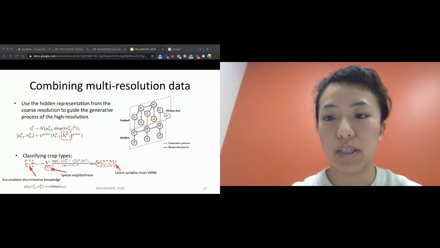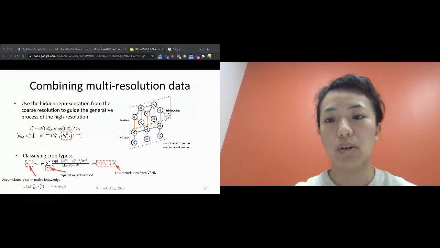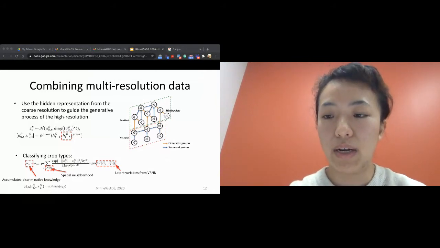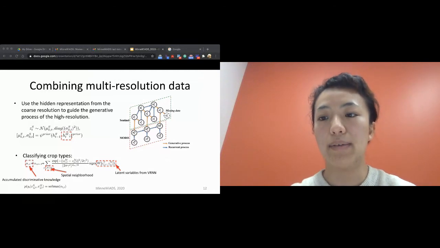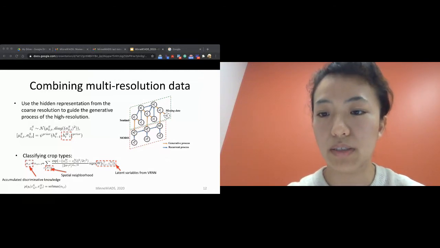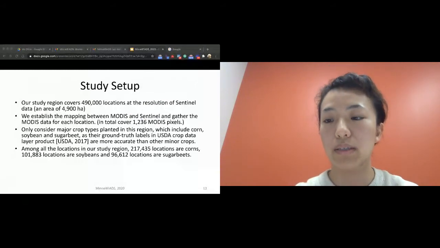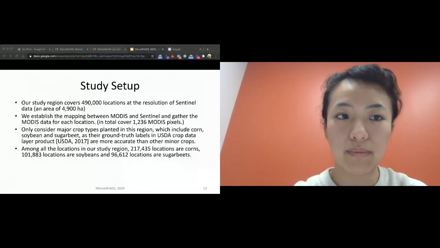In this particular study, we only consider 3 major crop types, which are corn, soybean, and sugar beets. Our data is fairly balanced, meaning that we have about 200,000 locations for corn, 100,000 for soybeans, and about 100,000 for sugar beets.